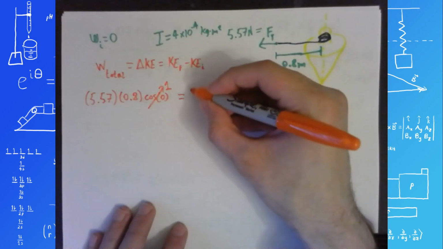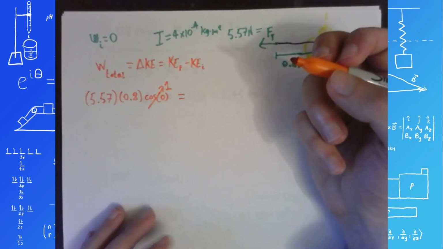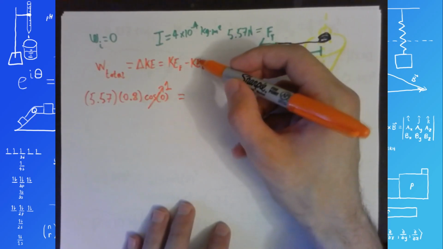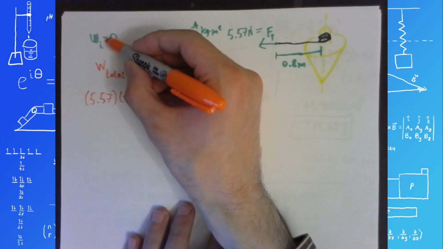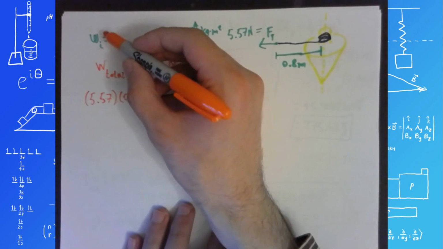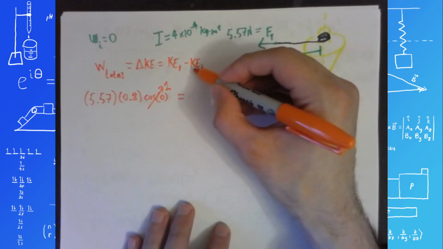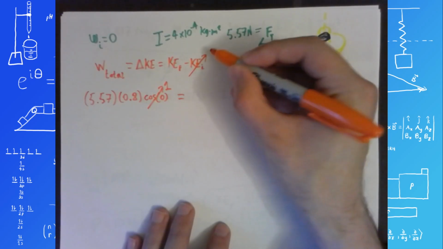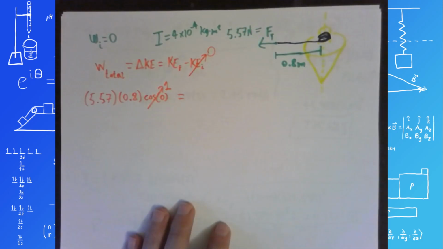Change in kinetic energy. Kinetic energy final minus kinetic energy initial. Kinetic energy initial is 0 because the initial angular speed is 0. And that leaves us with the final kinetic energy.